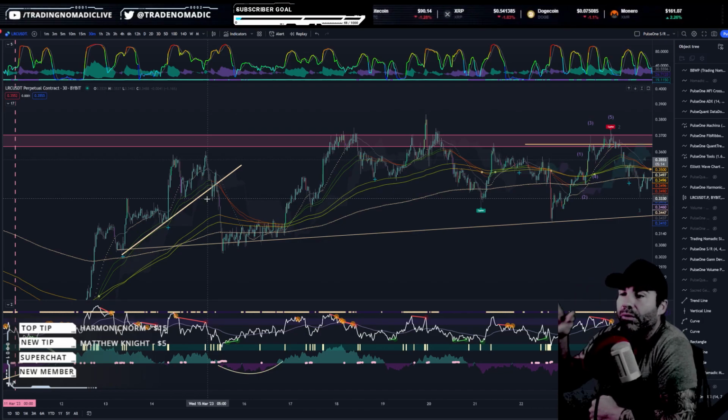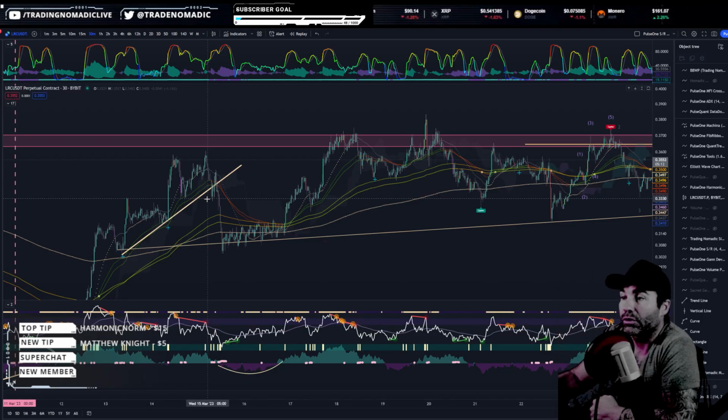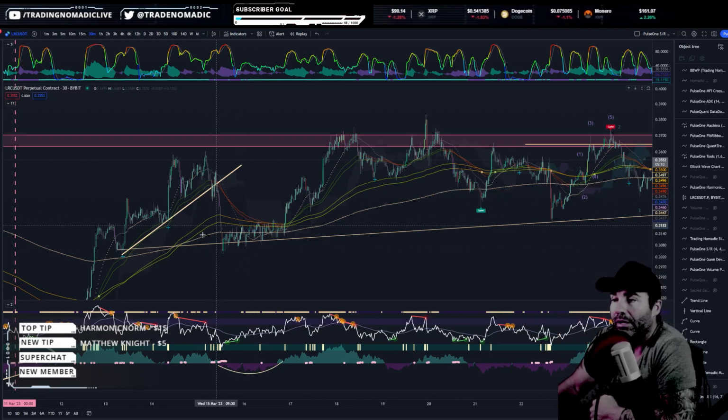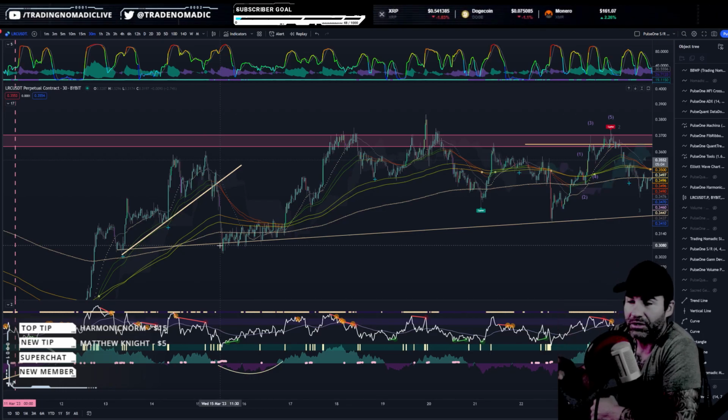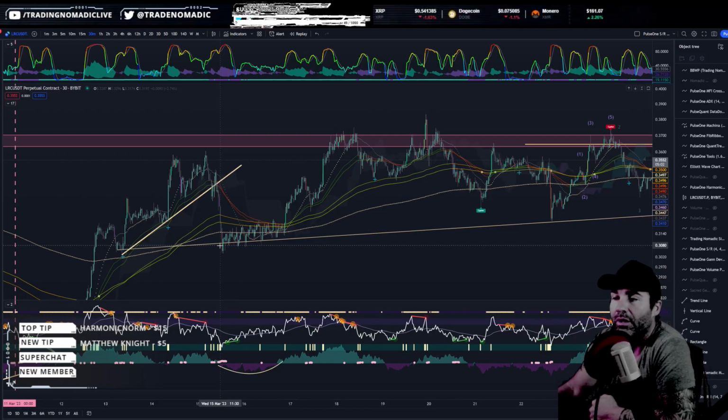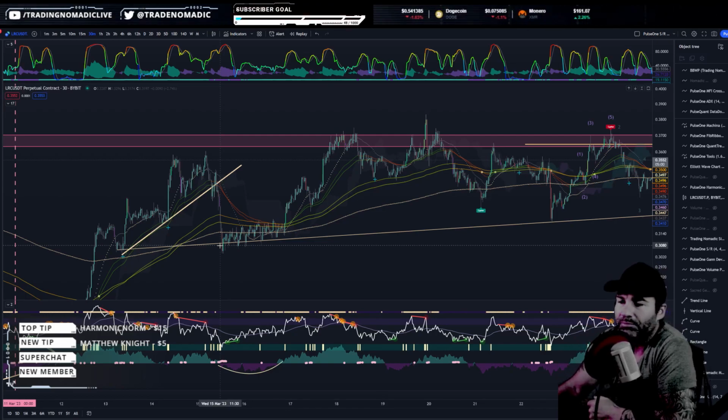Other than that, that's the gist of it. This is something that you should really back test yourself. You should go through some historical data and see how you could have traded those price actions and then apply it to future price action.